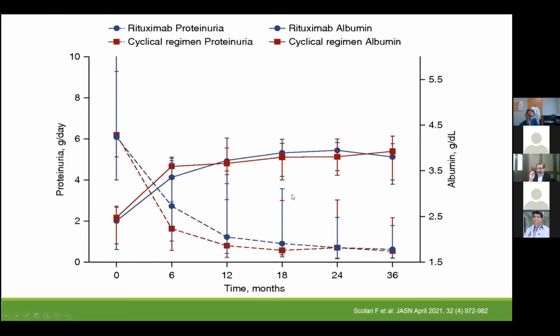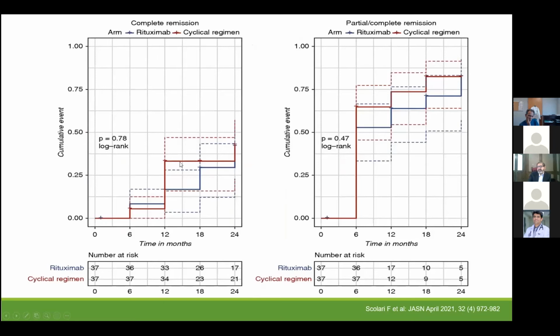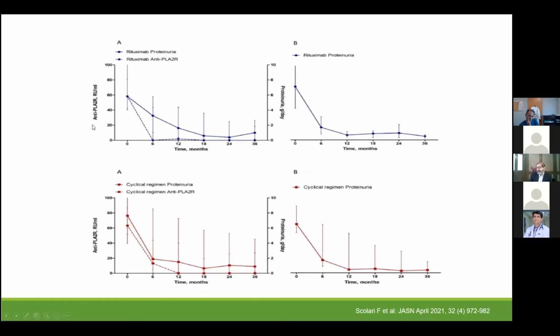But I would caveat this, and so let me just finish the outcomes, and then I'll come to the caveats. These are Kaplan-Meier estimates of complete or composite remission, and they're essentially the same at all data points over the first 24 months of observation.